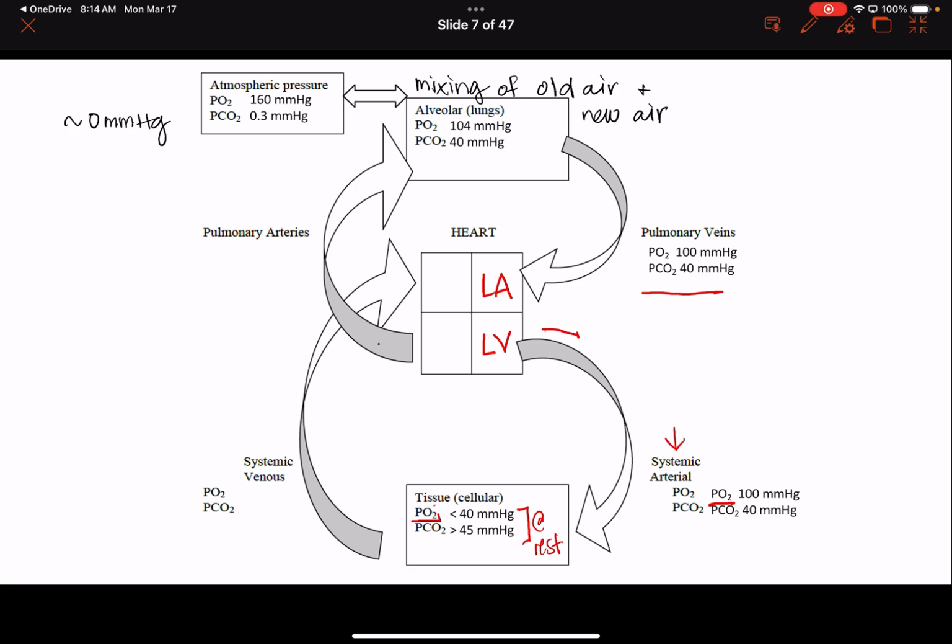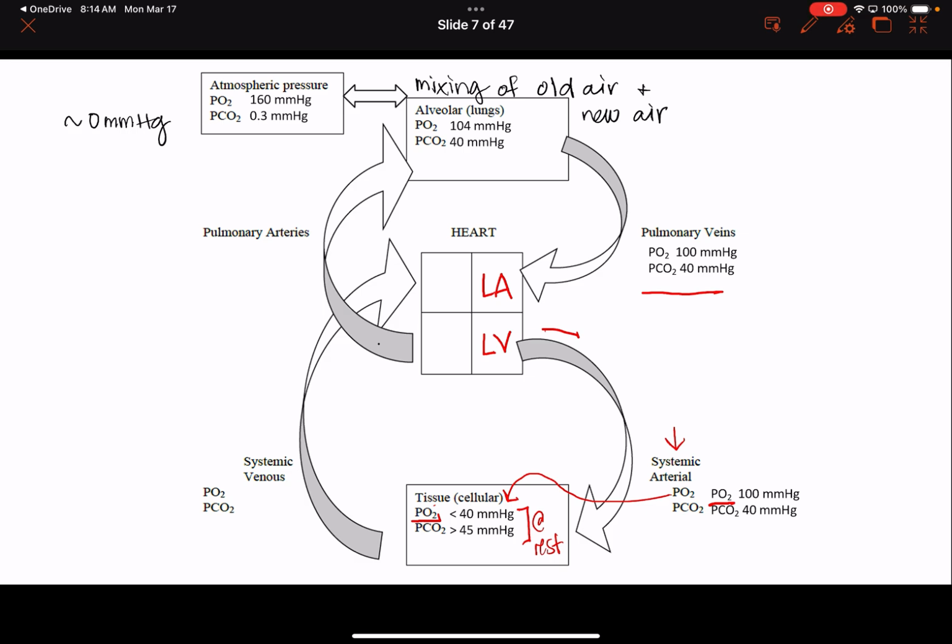Towards the tissues. It's going to follow the lower pressure, from 100 over here to 40. And that gradient is needed in order for us to deliver that oxygen to our tissues. That's the only way to do it, when there's a difference in partial pressures. Because there is more in the blood, less in the tissues, that oxygen is going to move towards the tissues to deliver to those cells that need it.